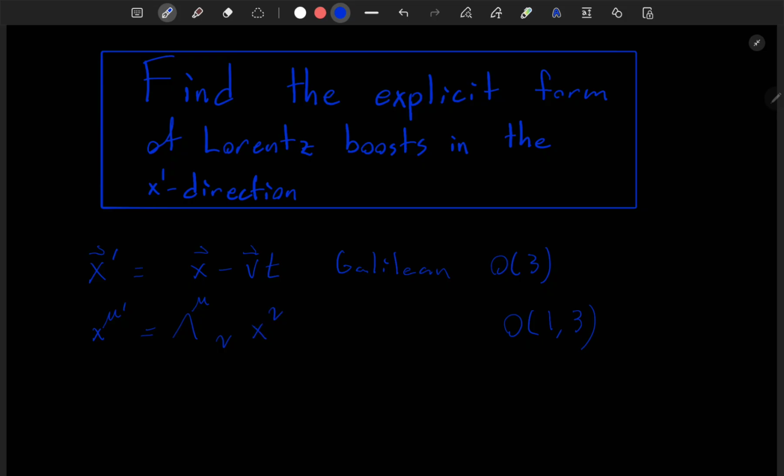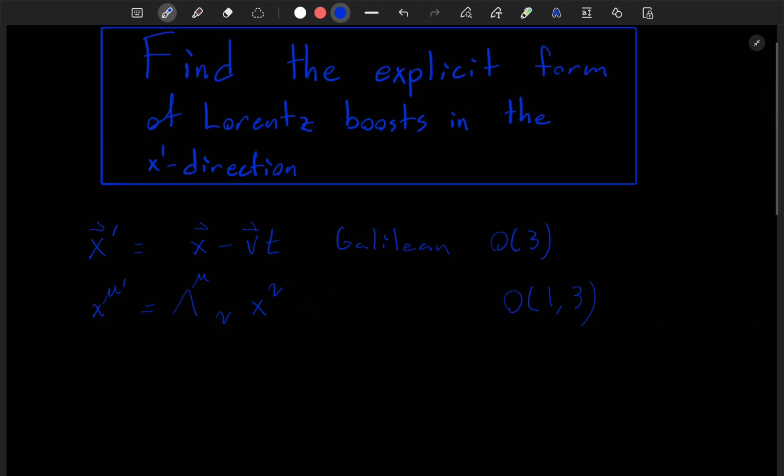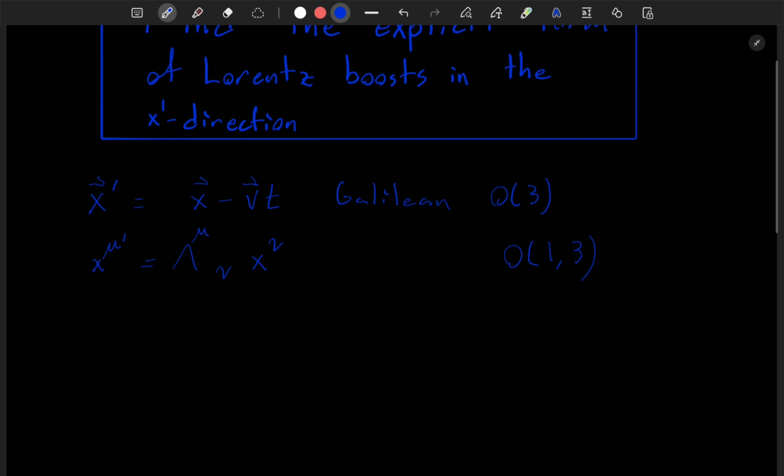If you want to consider all linear transformations on your initial vectors, you could also add on a little translation, but we're not considering the full Poincaré group right now. We're just interested in finding an explicit form. Let's work through some identities.